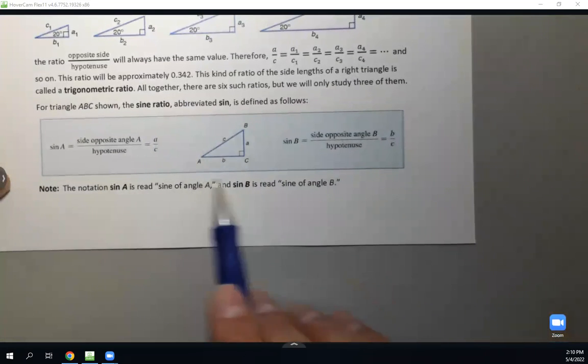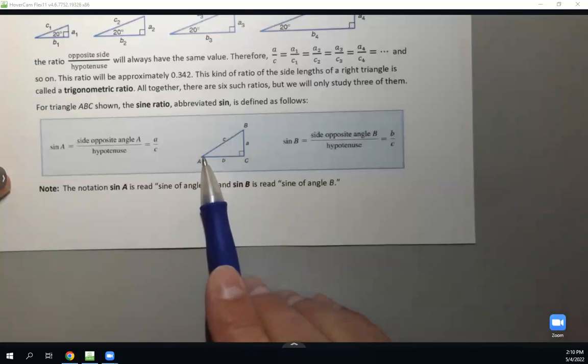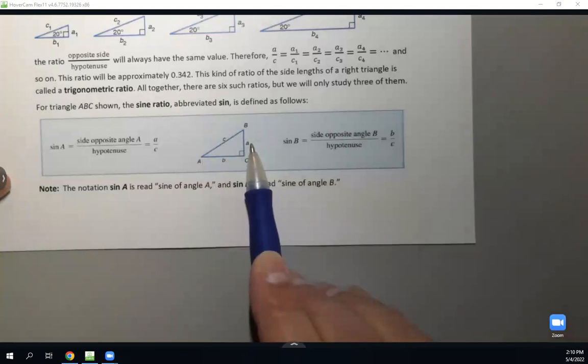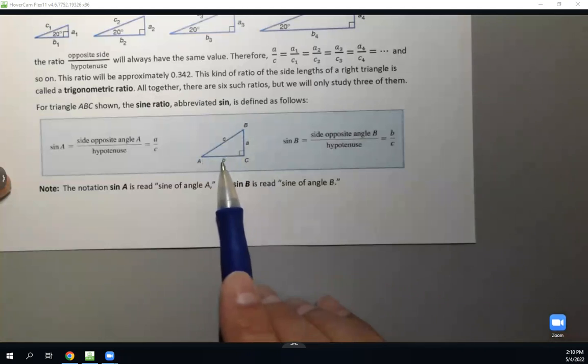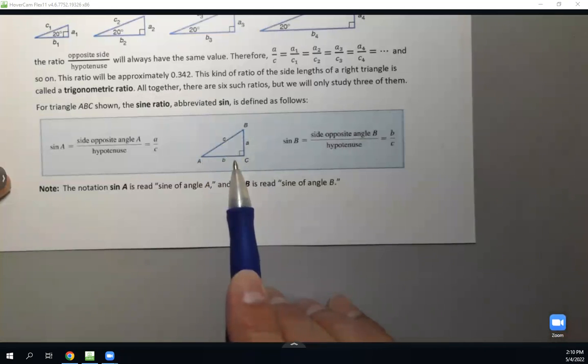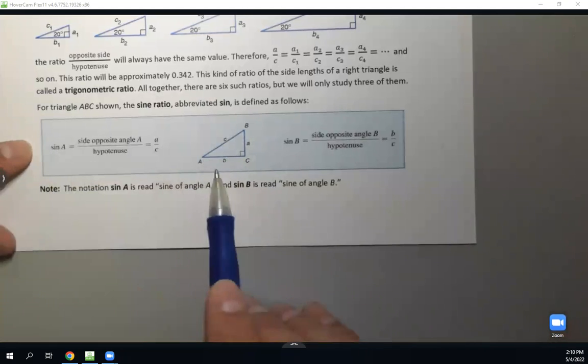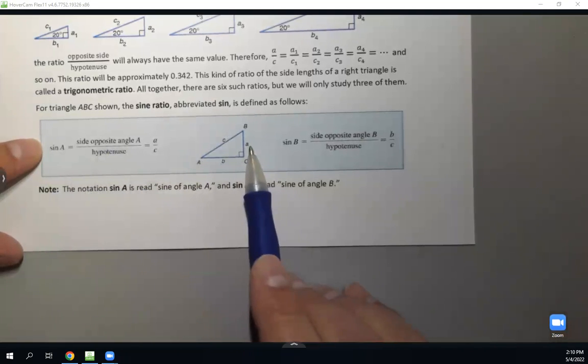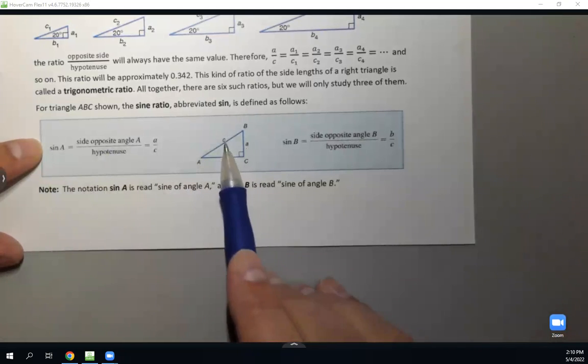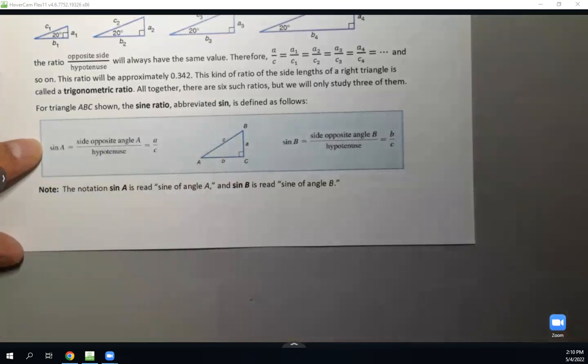If I have this right triangle, with angle A and angle B, then for angle A, side A is the opposite, C is the hypotenuse, and B is the adjacent. So the sine of angle A is going to equal the side opposite angle A, which is A, over the hypotenuse, which is C. Does that make sense?